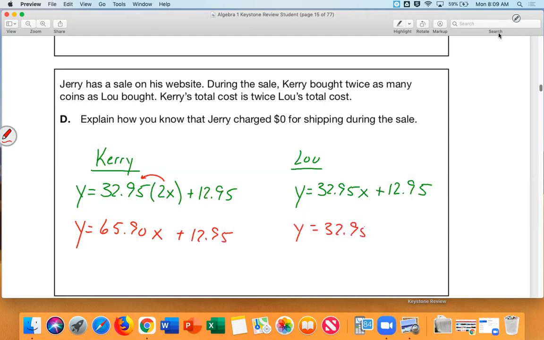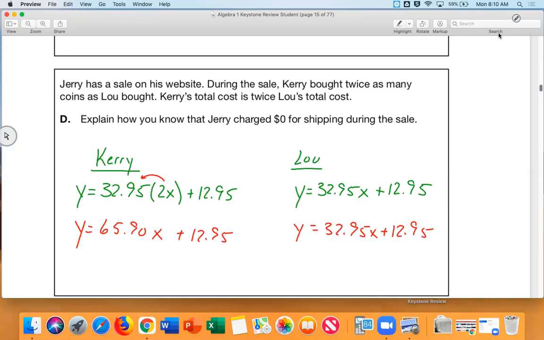And what I'm trying to get at is this. At this point, we have to think logically, okay? If I have 65.90x plus 12.95, which is the shipping, right? There's no way it's going to balance out and be twice as much as Lou's at 32.95x. Because notice, this is twice as much as that. But once I add this part to it, it's not going to be double. Do you guys see that? Do you see how I'm showing my work and trying to justify it?